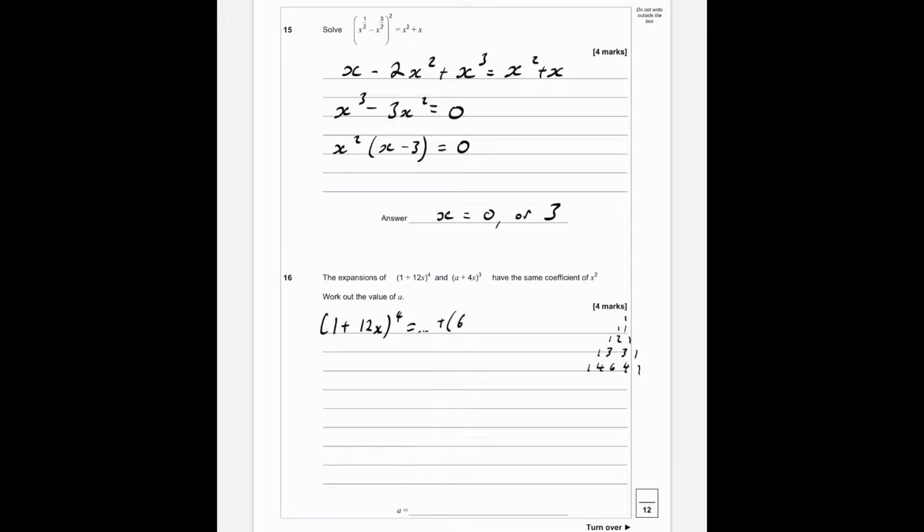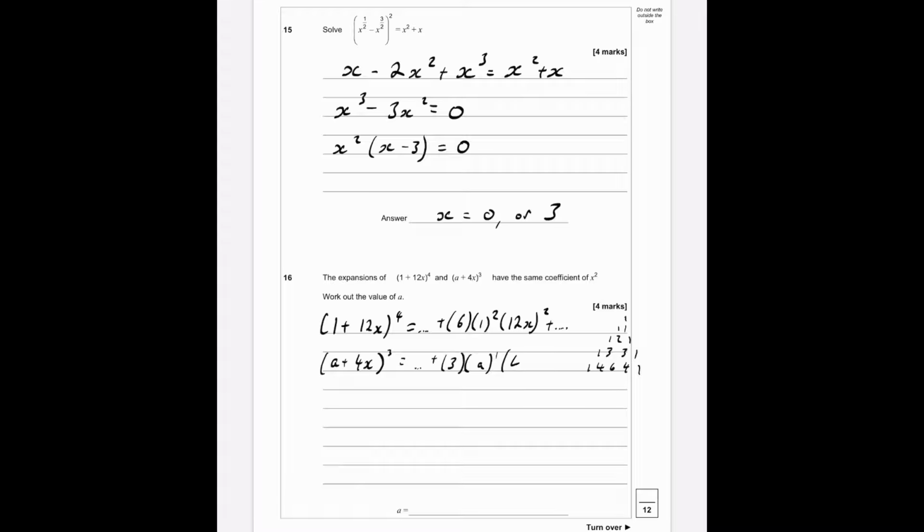So we're looking at the third term of the fourth row, so that's 6 on the Pascal triangle. So 6 lots of 1 squared times 12x all squared from that first expansion. From the second one, this is the 1, 3, 3, 1, we're going to get 3 times a times 4x all squared.